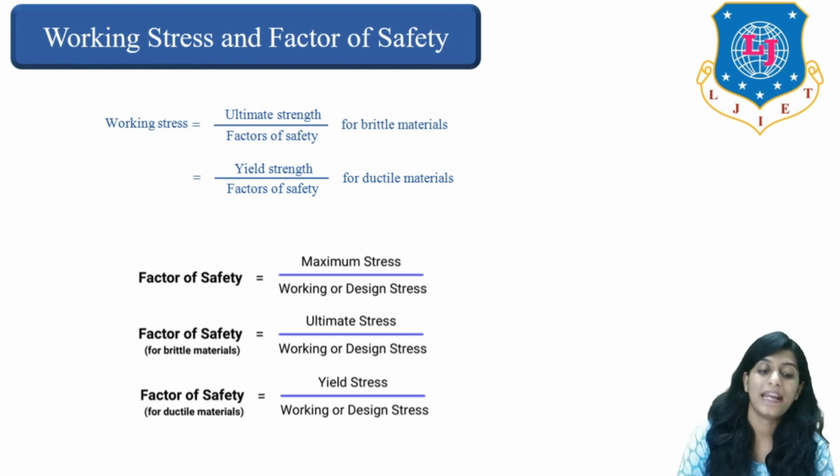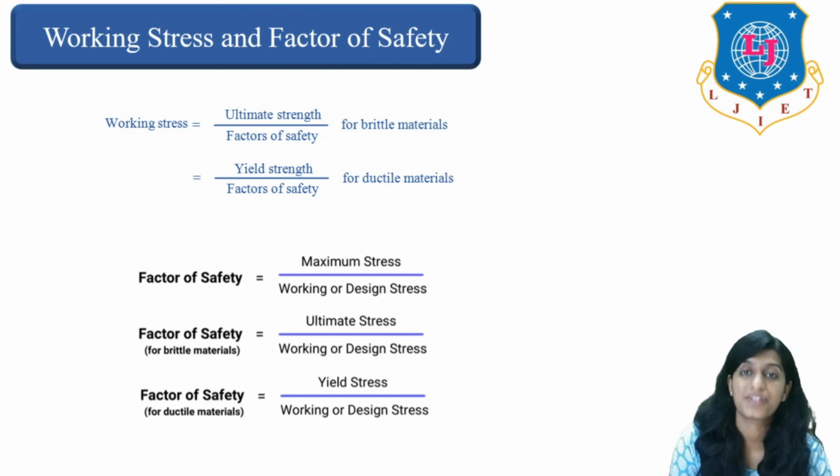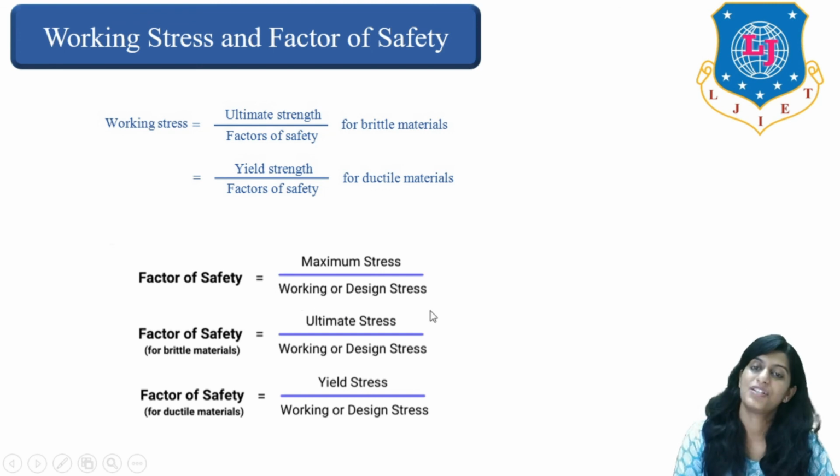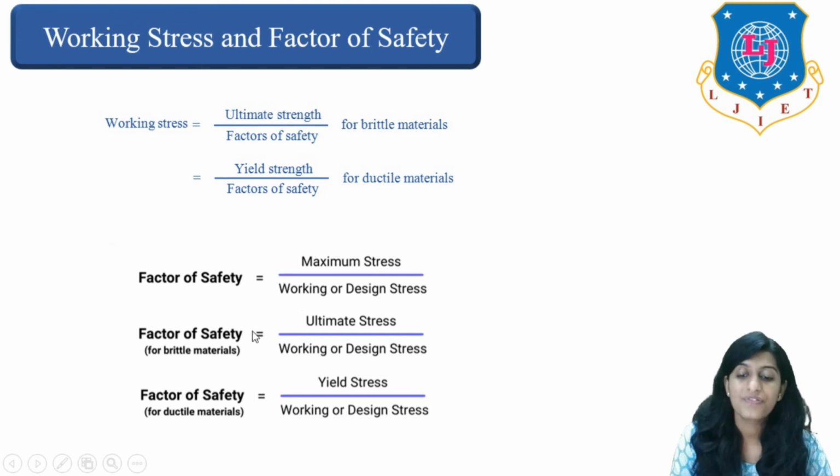For determining it, we should first determine the ultimate stress. Factor of safety is maximum stress divided by working or design stress. For brittle material, it is ultimate stress divided by working or design stress, and for ductile material, we use yield stress divided by working or design stress.